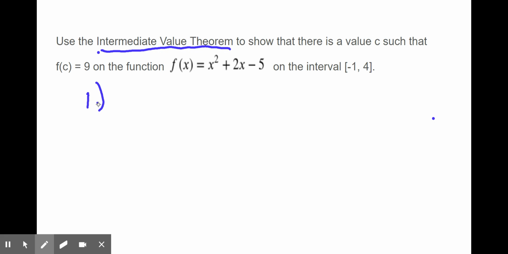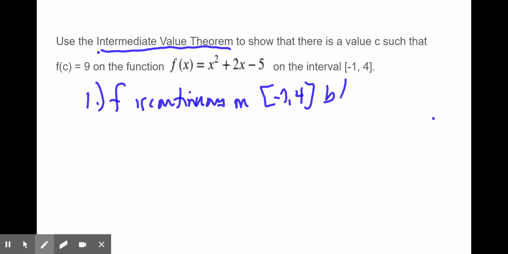The first thing I need to convince the reader of is that f is continuous on [-1, 4] because f is a polynomial. And that's really all you have to say. The readers are all AP Calc teachers, or calculus teachers, so they understand that if you know f is a polynomial, then it's going to be continuous. Okay? So f is in fact continuous there.